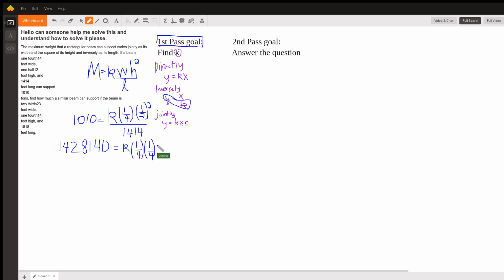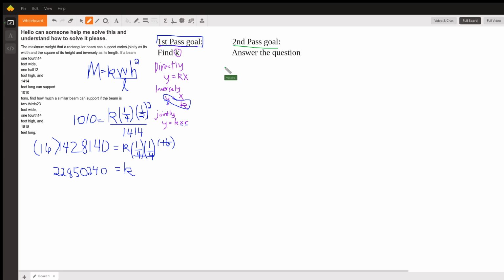So if we multiply both sides by 16, we'll be able to isolate k, because 4 times 4 is 16, and this cancels, and we get that our k is this huge number. And then we start over, and now we're going to work the second pass.